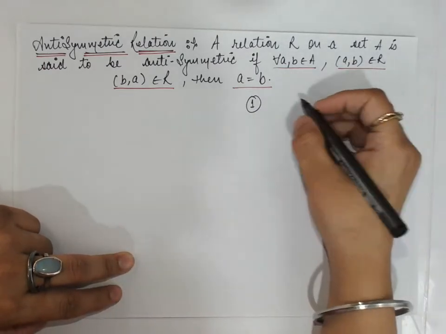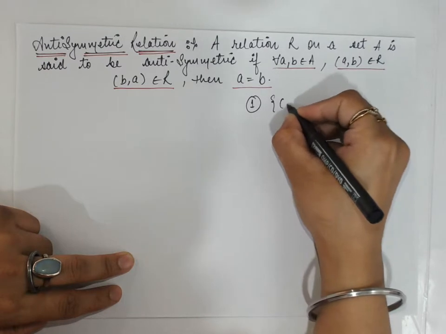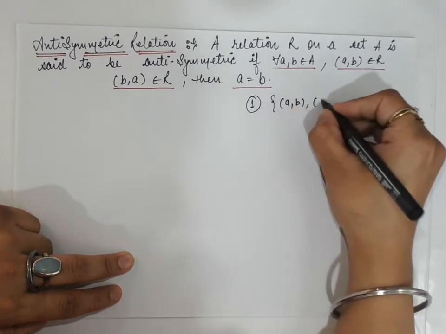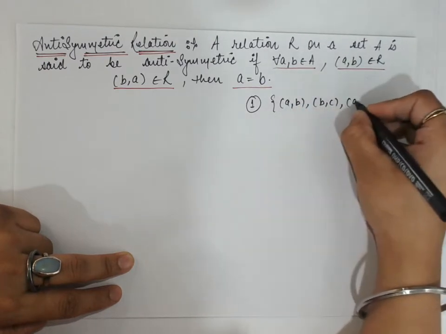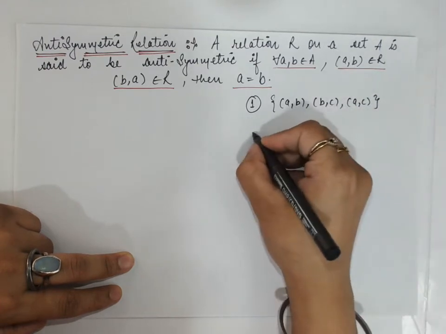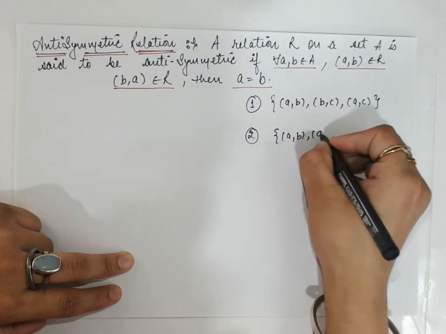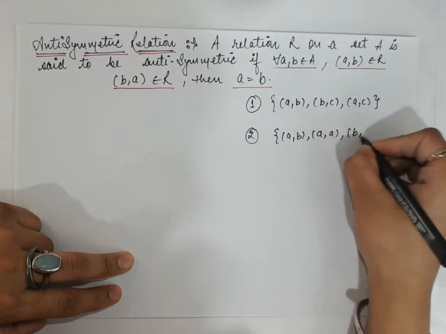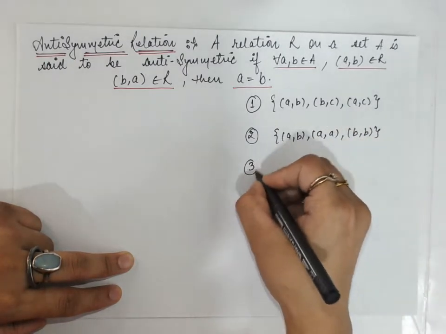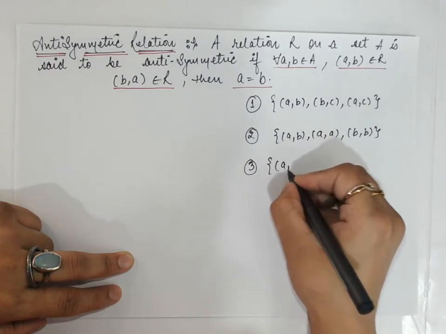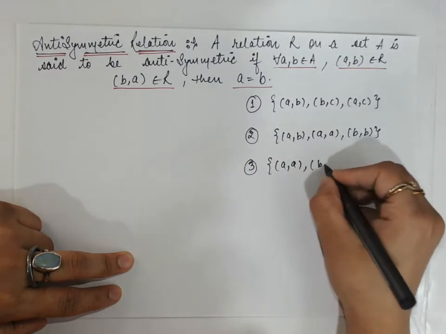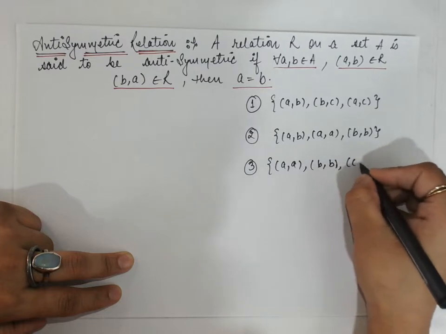I will take some examples. First: (A, B), (B, C), (A, C). Second example is (A, B), (A, A) and (B, B). Third is (A, A), (B, B) and (C, C).